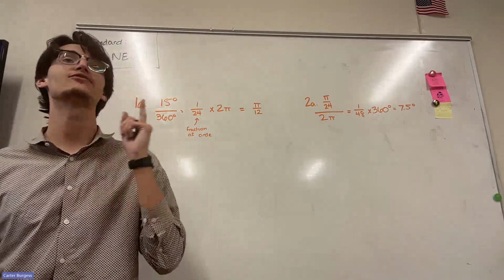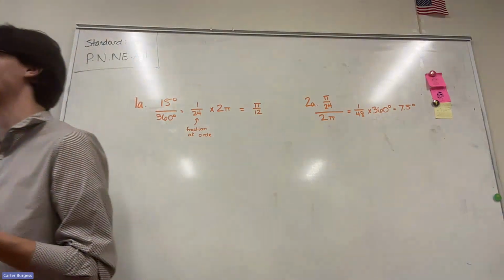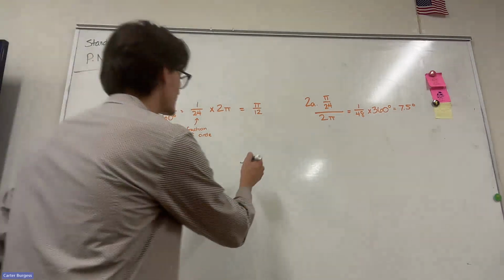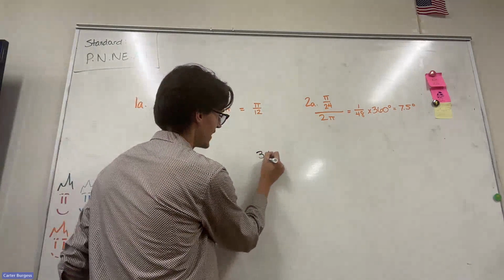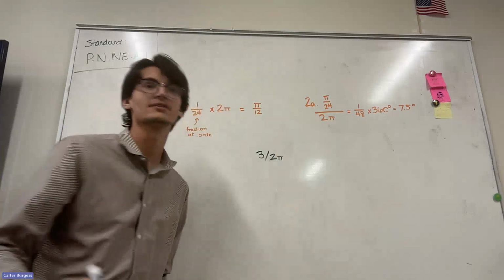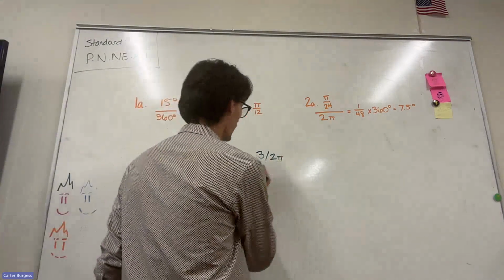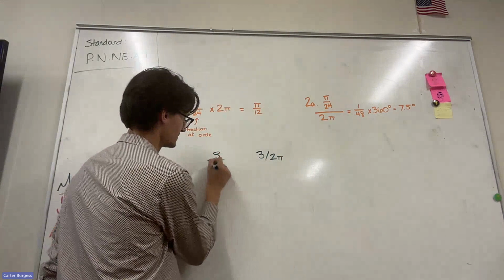If you're substituting in the division for the fraction, for instance, if you try to write 3 divided by 2 pi like this into your calculator, the calculator does not read that as 3 divided by 2 pi. It reads it as 3 divided by 2 times pi. And so what you were going for was this.